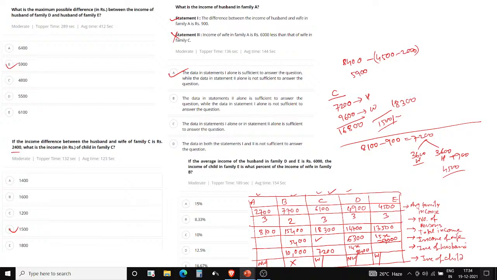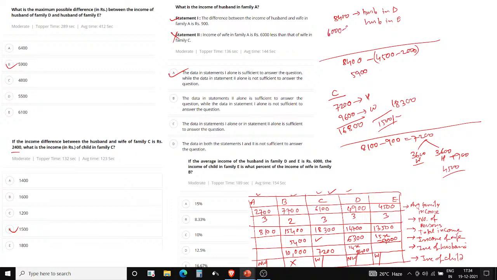If the average income of husband in family D and E is 6,000, the income of husband in family D is 8,400. So husband in family E, the average is 6,000, so 2,400 less.